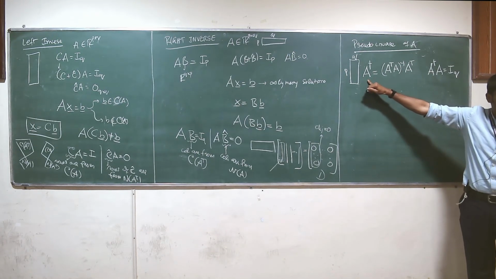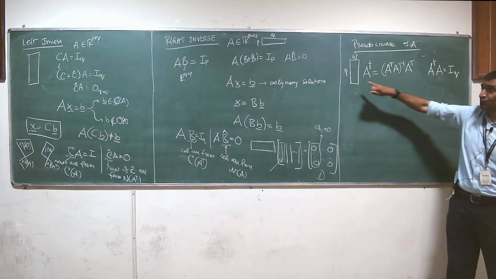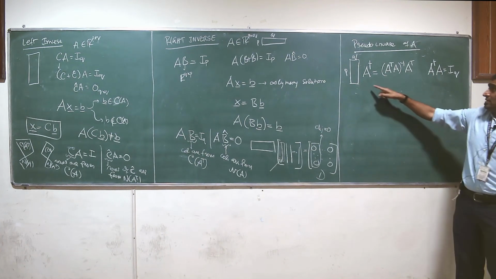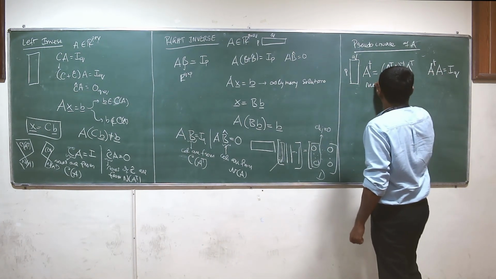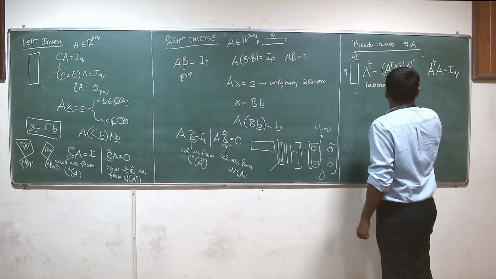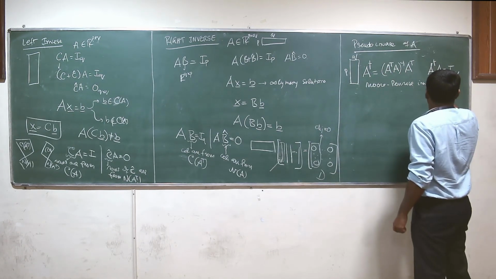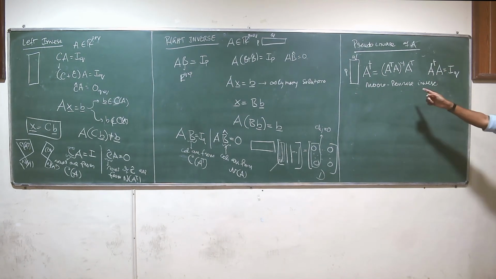This is the left inverse. In fact, this is a very special left inverse of any tall matrix that has full rank. Again, we're only talking about full rank matrices. Okay, we're not talking about rank deficient matrices. This is called the pseudo inverse, and there might be other names as well. But whenever you see something like this, you know what they're talking about.